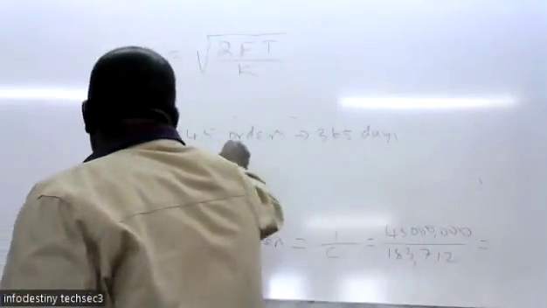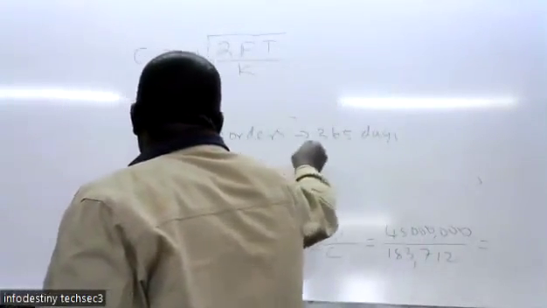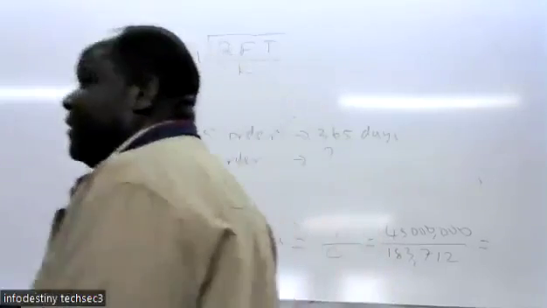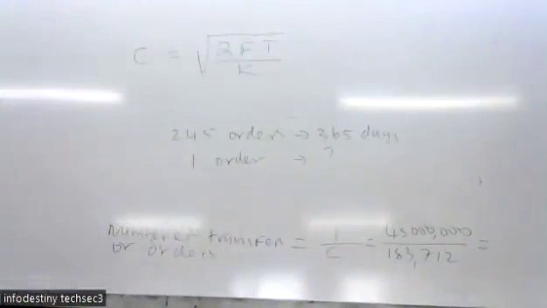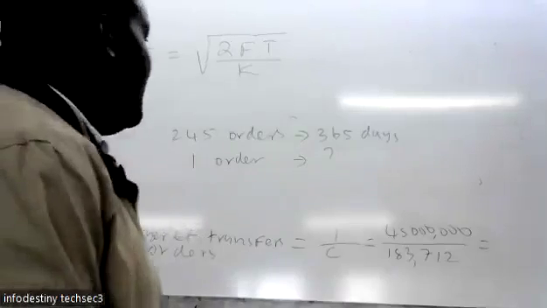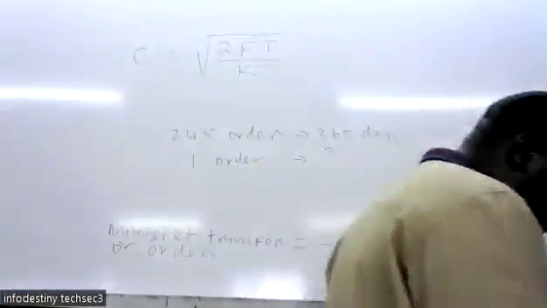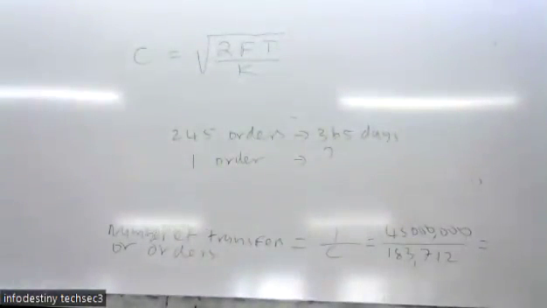One order will take how many days? Just in case the question asks you the frequency of orders, we simply say that 245 orders is for 365 days. How about one order? One order will take how many days?